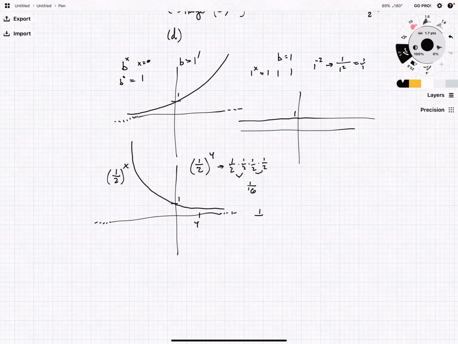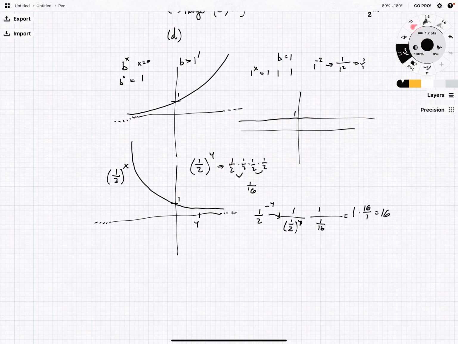Suppose we had 1/2 to the negative 4th. Well, you would take 1/2 and flip it, because you would have 1 over 1/2 to the 4th, which is 1 over 1/16, the same as saying 1 times 16 over 1, which equals 16.